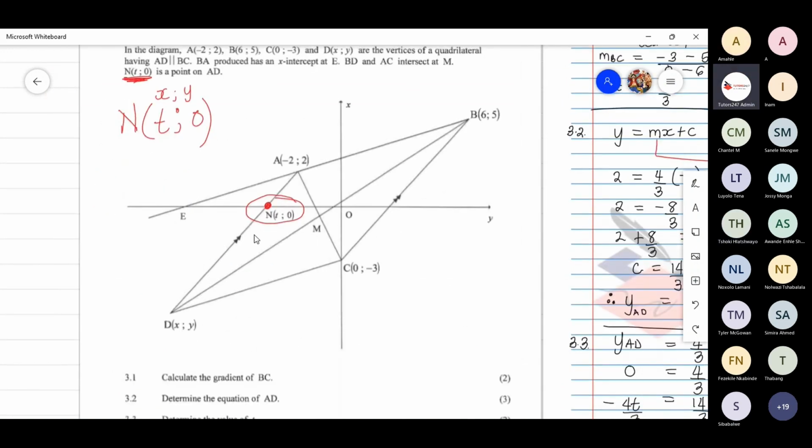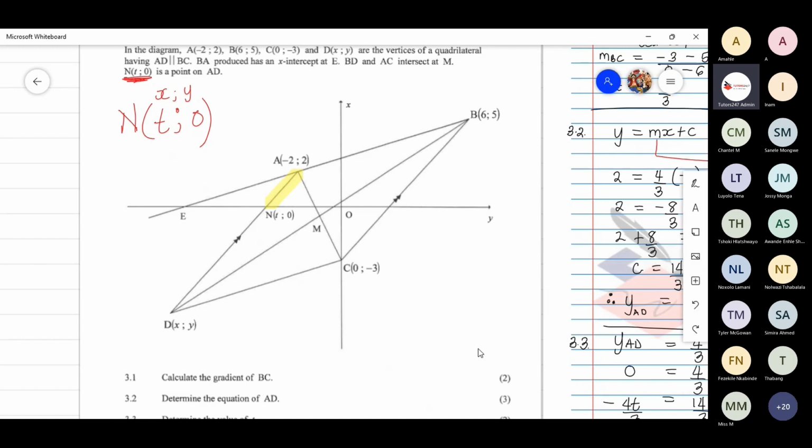Okay, here is AN. Let me highlight it. So we need to now find the length AN, keeping in mind that a length refers to distance. So if you look at the formula sheet that I gave you, that is the very first formula, the distance formula, that is length.